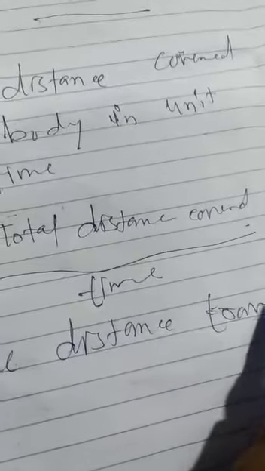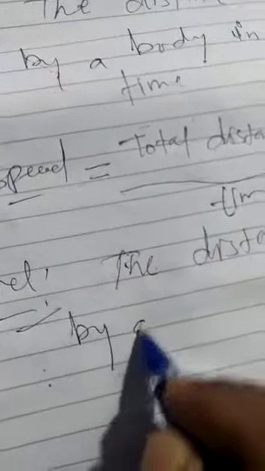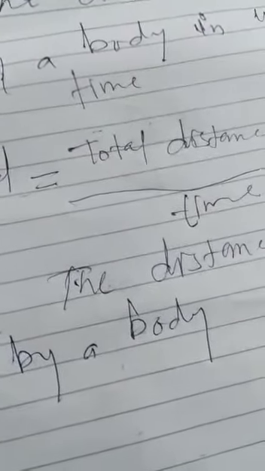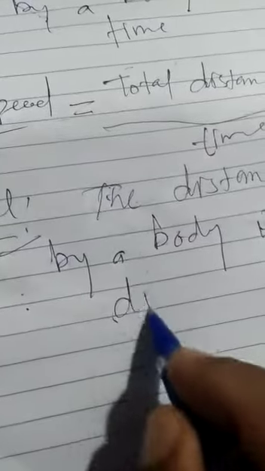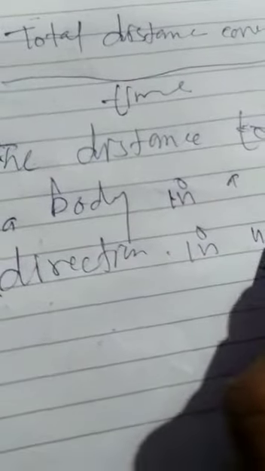The distance traveled by a body in a given direction in unit time is called velocity.